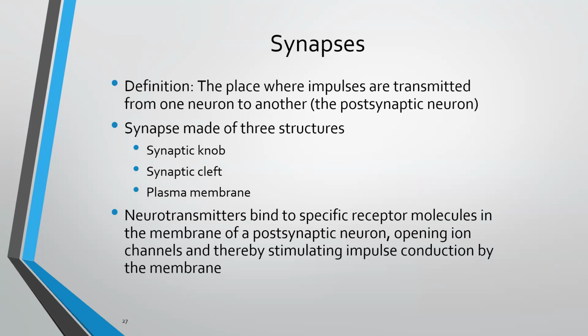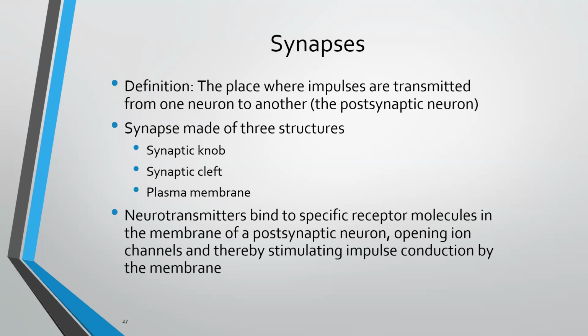So synapses, there are 3 different structures that make up a synapse: a synaptic knob, a neurotransmitter, and a synaptic cleft. And you also have your plasma membrane.